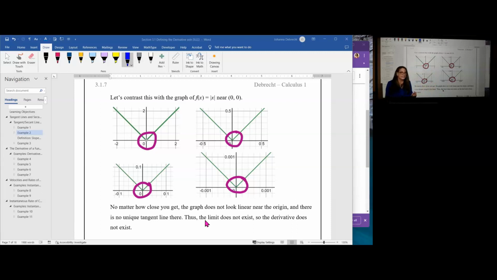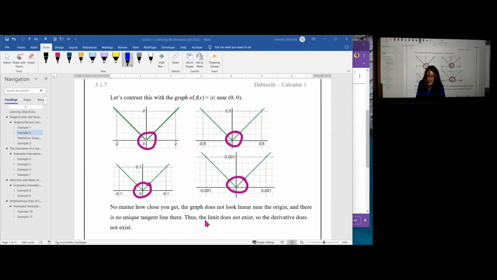It's a point, a pointy part, as I like to put it. Then I zoomed in again between negative 0.1 and 0.1, and again between negative 1/1,000 and 1/1,000. It doesn't matter. No matter how close I go in on the graph of the absolute value of x at the origin, it will never become a single tangent line.